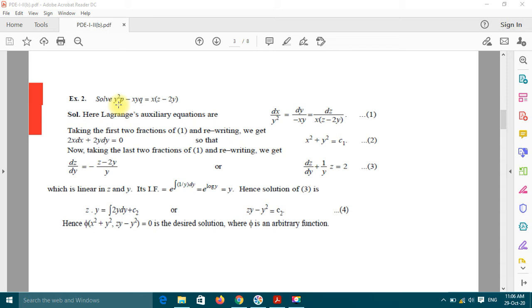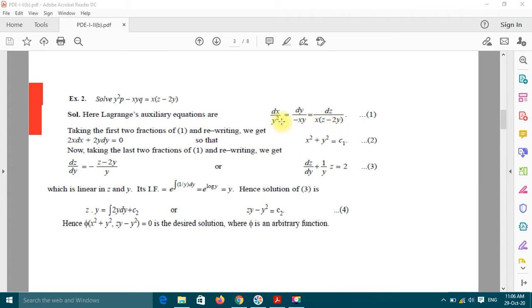Here capital P is y square, capital Q is minus xy, and capital R is x into z minus 2y. So the Lagrange's auxiliary equations are dx upon P is equal to dy upon Q is equal to dz upon R, which means dx upon y square is equal to dy upon minus xy and dz upon x into z minus 2y.